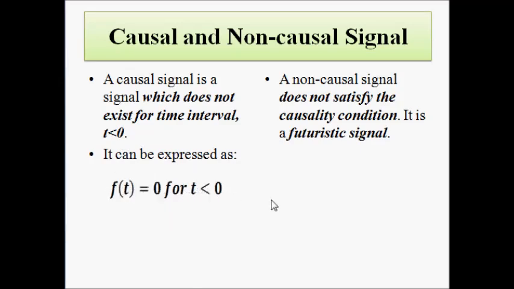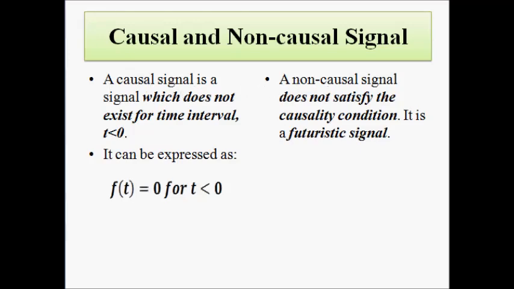Whereas a non-causal signal does not satisfy this causality condition. It is basically a futuristic signal. So this is the causal and non-causal signal. You can note down all these things if you want, because they are given side by side for easier understanding. I have given it in a comparative way.